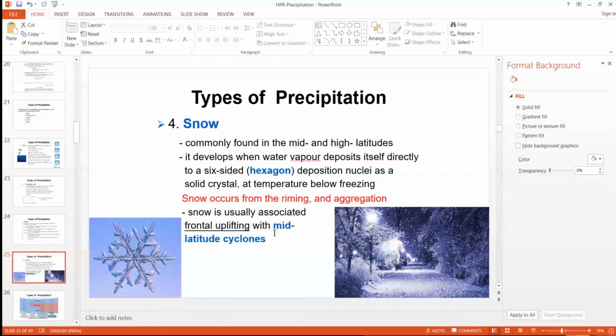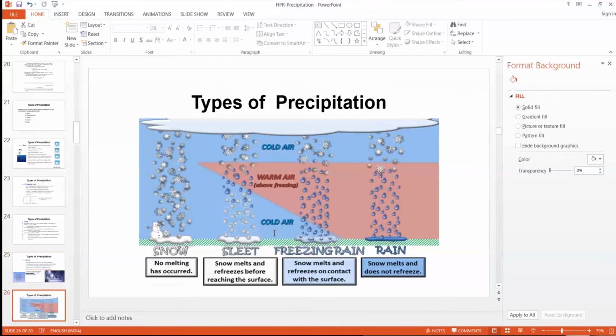This figure explains it better. See that in tropical areas, this pink color reflects warm weather, whereas this blue represents cold weather. So in the tropical regions, only at very high altitudes are there freezing temperatures.